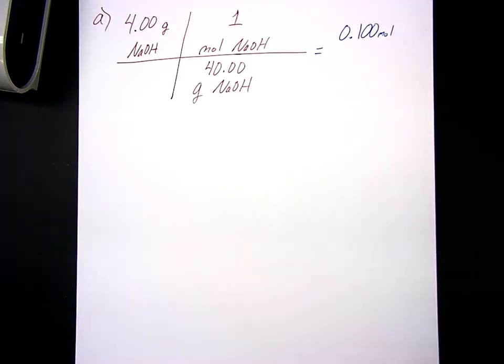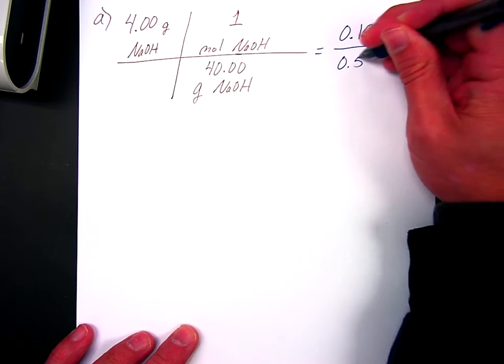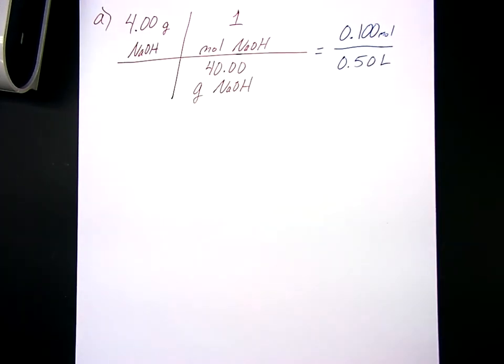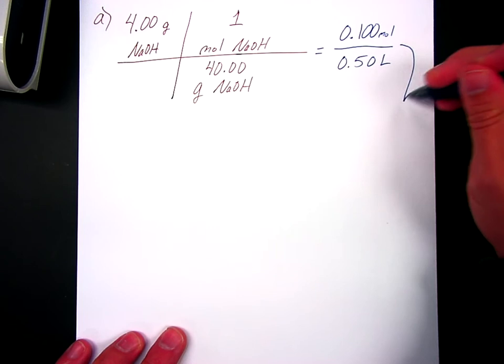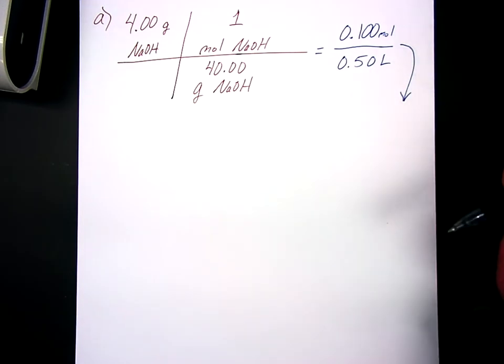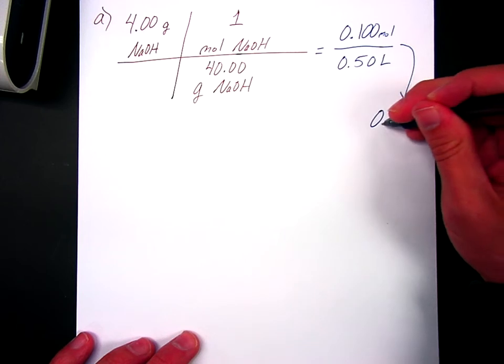But anyhow, now another given value is 0.5 liters. So in the problem, it tells me that there is 0.5 liters of the solution. So if we go ahead and solve for molarity, moles divided by liters, of course, we're going to get 0.2 molar.